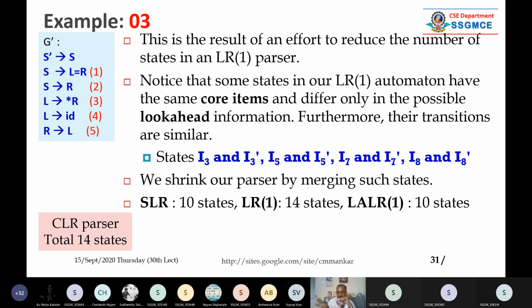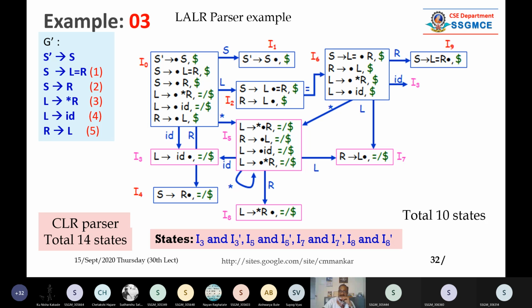So you read this slide, and download it later. In this way, we can merge states and construct a machine or DFA for the LALR parser. So this is the LALR DFA. It contains only 10 states. You can count it. Here we have merged 5 and 8, and 3 and 7.